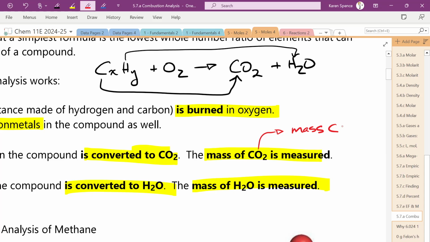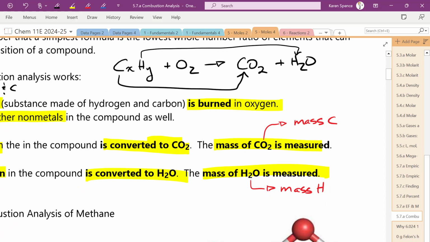There's a few ways we could do it. If we know the mass of H2O, could we find the mass of hydrogen? Yes, we sure could. But then we can find the moles, and then we can divide by the smallest and times to a whole. So the only thing that is different from what we did last day and the day before is that we now have to deal with CO2 and H2O.